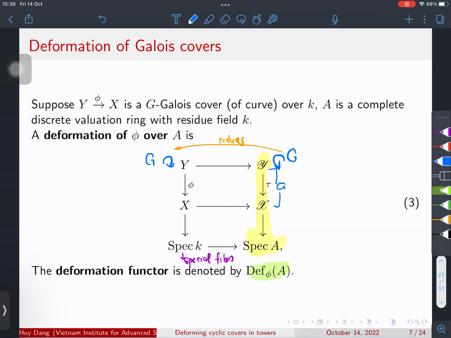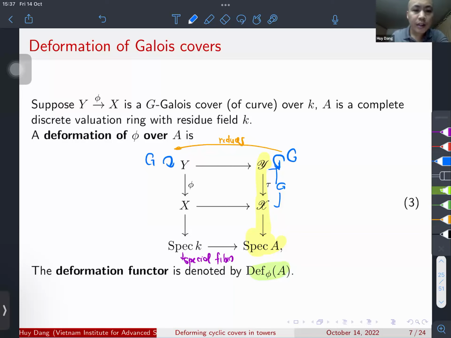This is the assumption of the deformation. It is in the definition. Sorry, I cannot hear you very well. Can you repeat? Oh, so the question is whether the G action on the right hand side is the assumption of the deformation, right?